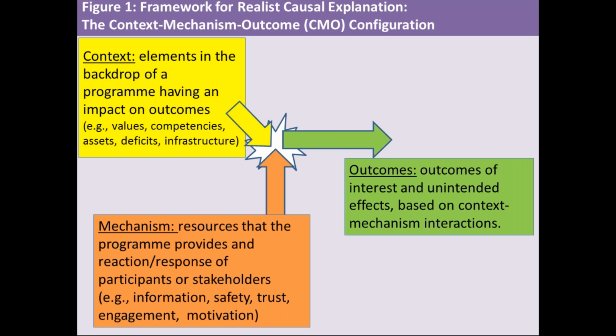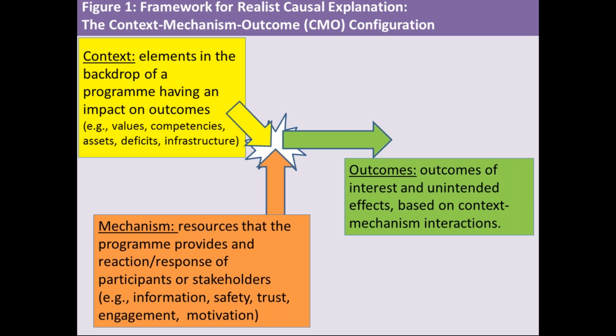Thinking about mechanism, we're talking about resources that the program provides and the reaction or response of participants or stakeholders. The resources can be information, or a feeling of safety, trust, engagement, motivation. Those are all examples of mechanisms.